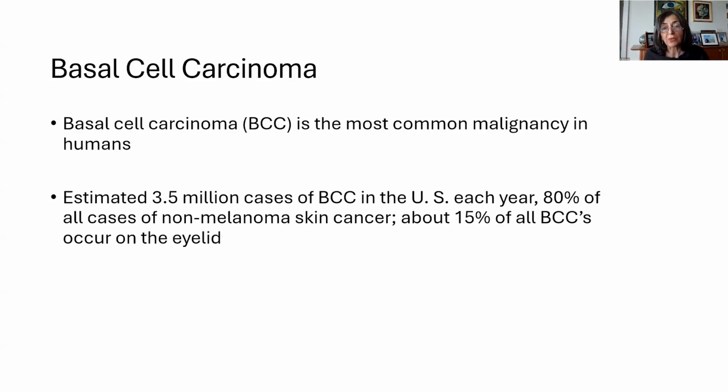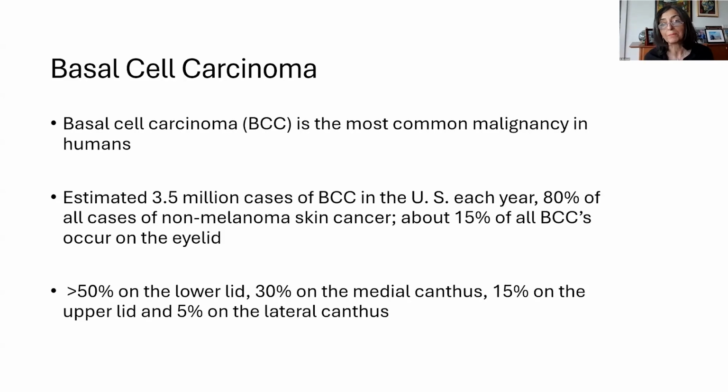It's estimated in the US that there are 3.5 million cases of BCC each year that are diagnosed, and they're about 80% of all cases of non-melanoma skin cancer. And about 15% of all basal cell cancers occur in the periocular and eyelid area. So in terms of frequency, it's a significant number of cases.